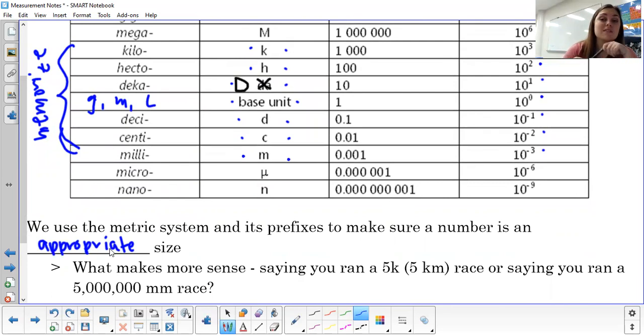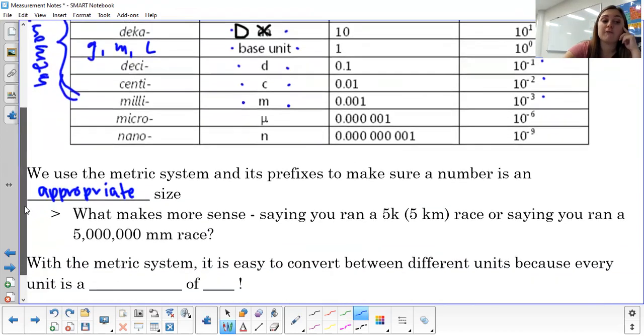Or does it make more sense to say that you ran a 5 million millimeter race? Now, it might sound more impressive to say 5 million, but then you toss in millimeter and people are like, huh? The purpose of the metric system, it's got an appropriate prefix for an appropriate size. 5K sounds a lot better. 5 kilometers sounds a lot better than 5 million millimeters.